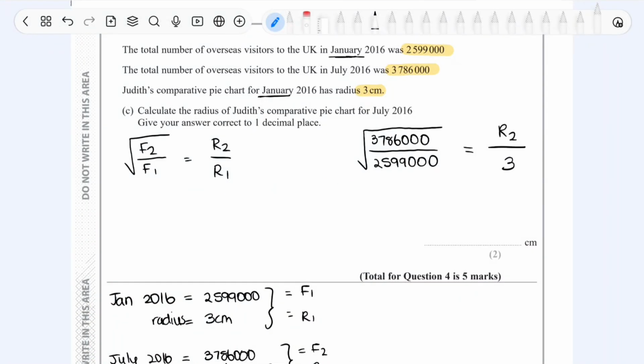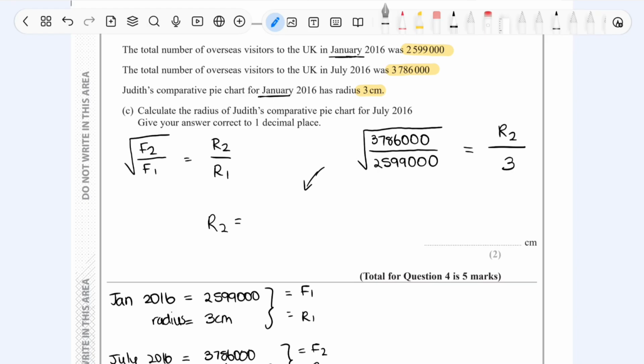And so now we can use this in order to help us find R2, which will be the radius of July 2016. So it's just a bit of rearrangement here. I'm going to bring it to this space here so it's much easier to see. So R2 should equal, and if you imagine this bit is dividing, you're multiplying by the 3 in order to eliminate it. So we'd have 3 lots of the square root of all of this.